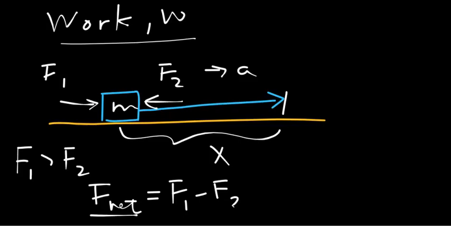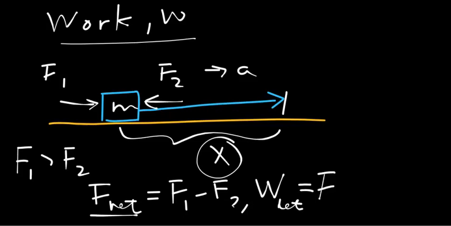This net force is the force that is displacing the object at distance x to the right. So in this case, we say there is work, a net work that is being done on this mass m, and that net work equals the net force that the object is subjected to times that displacement x.